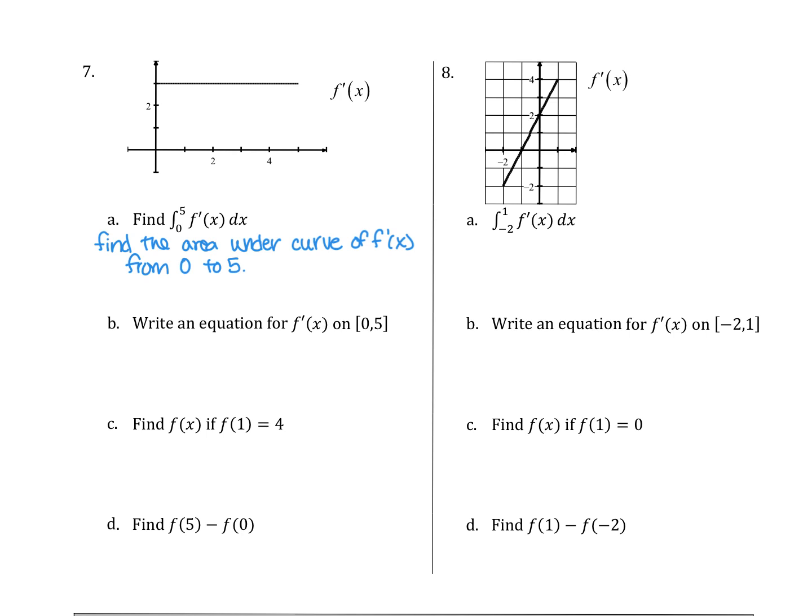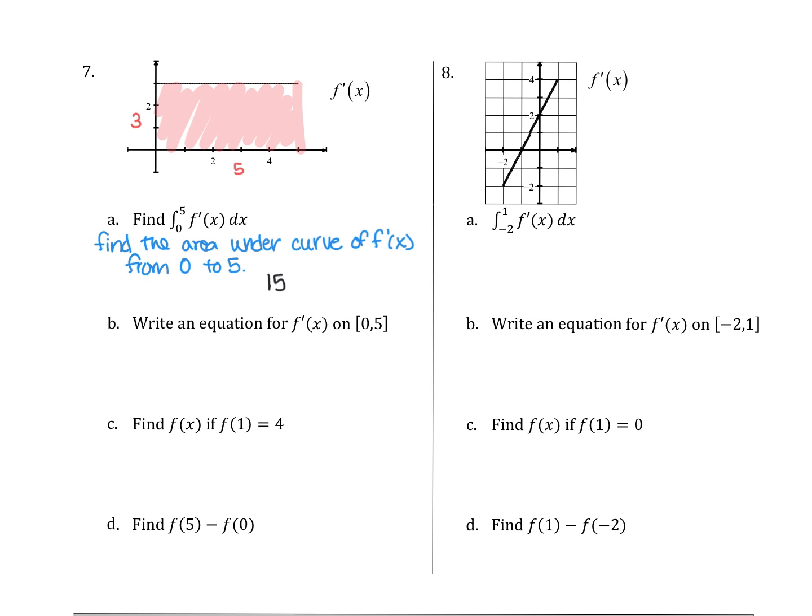So if we have nothing else, we can find the geometric area under this curve. Well, it just so happens that this curve from 0 to 5 forms a rectangle, and it's going to be pretty easy for us to find the area of that rectangle because this rectangle has a height of 3 and a base of 5, which means that this area under the curve is 15.